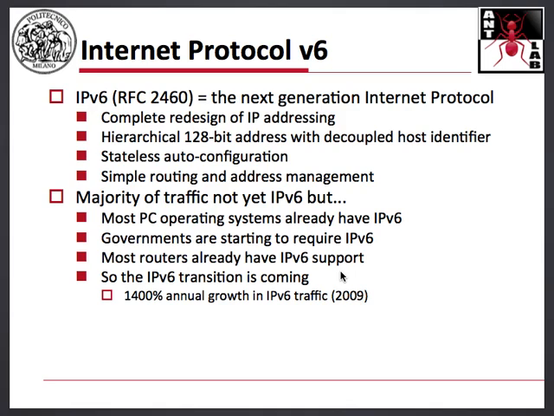Okay, so let's say 10 minutes, no more than that, to see what IPv6 is, since it's at the basis of 6LoWPAN, such that you can also appreciate what kind of adaptation features are implemented by 6LoWPAN on top of or underneath IPv6.